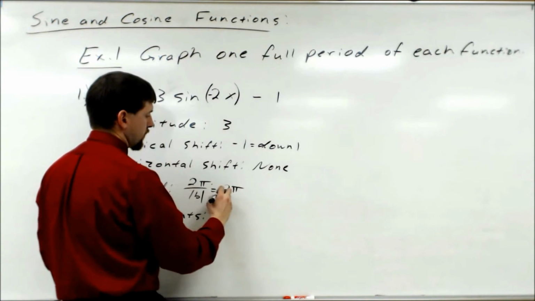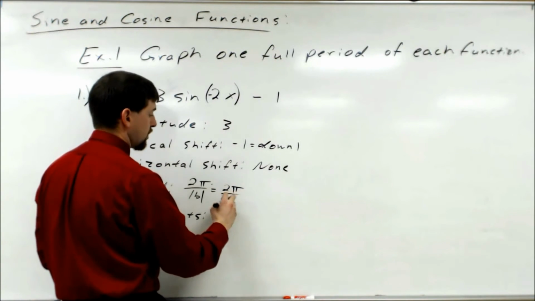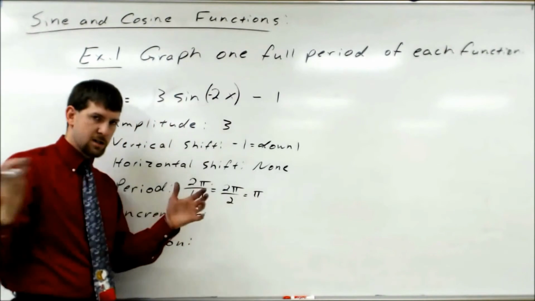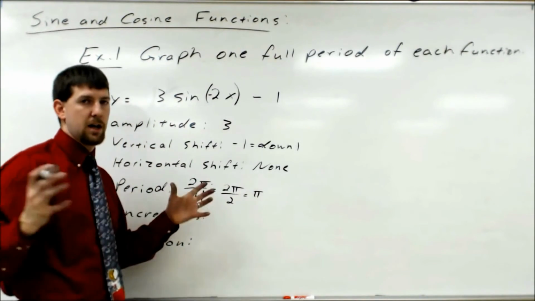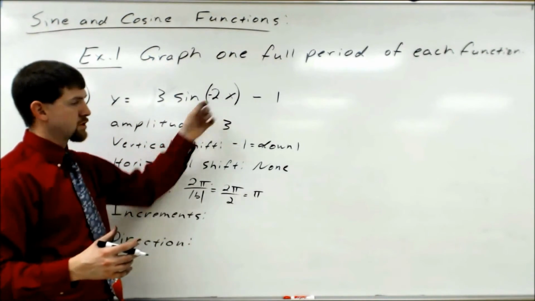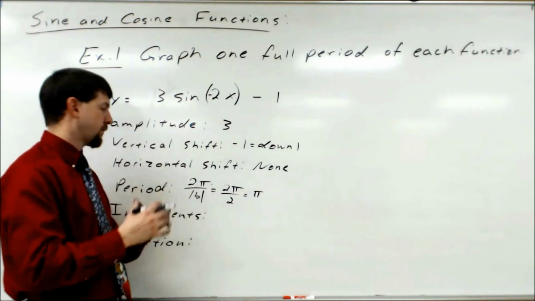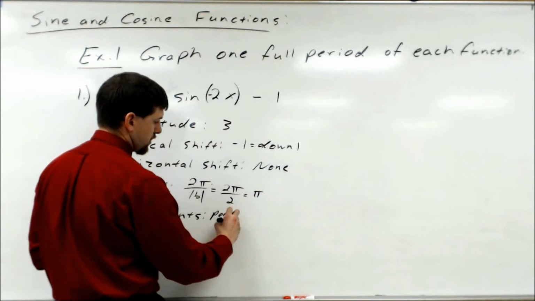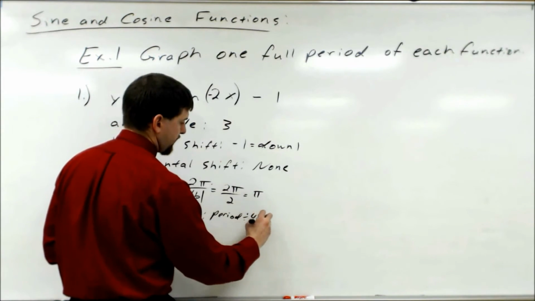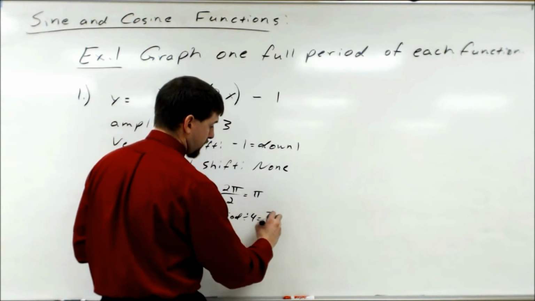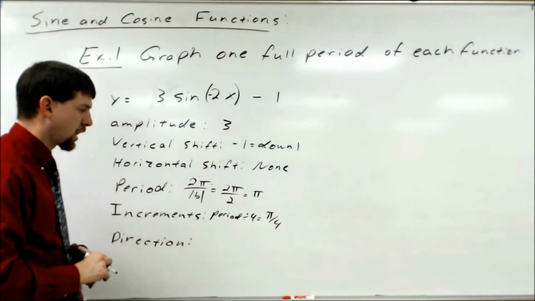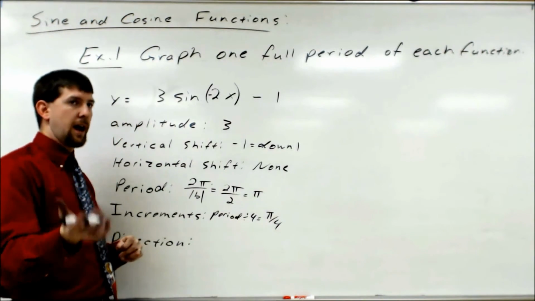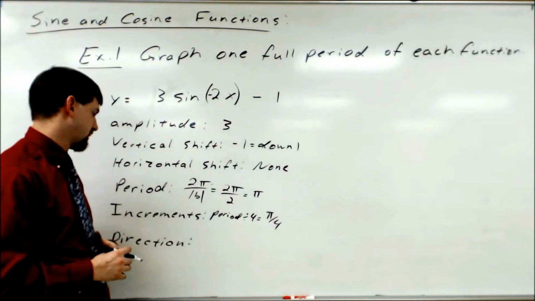So 2 pi over 2 is going to give us pi. So one cycle is only going to be pi units long. So this 2 has actually shrunk our graph in half. Increments was period divided by 4, so that is going to be pi over 4. So instead of every 90 degrees, every 45 degrees, we get a fourth of our graph.